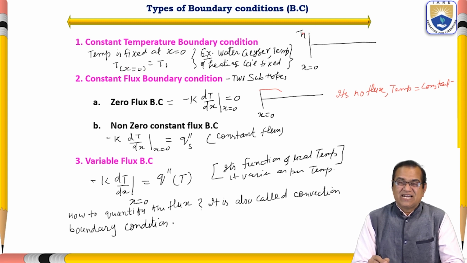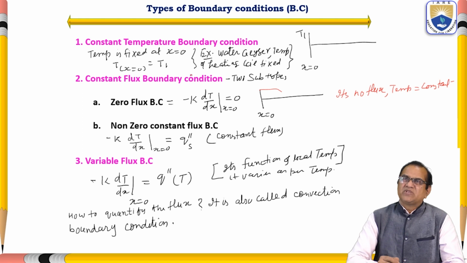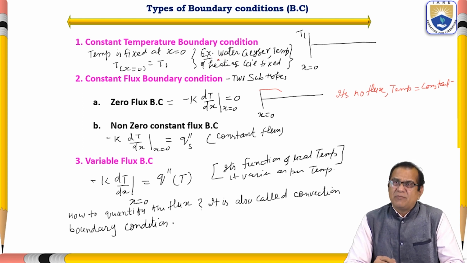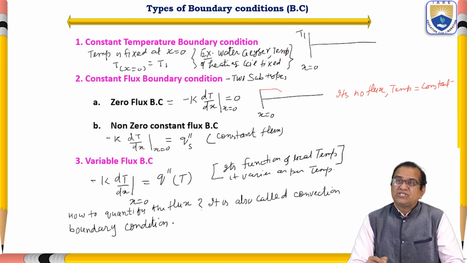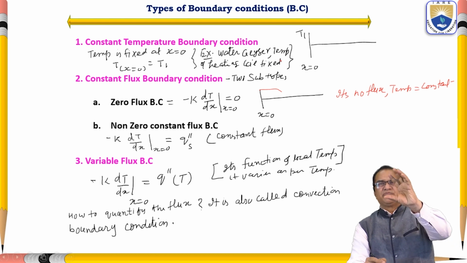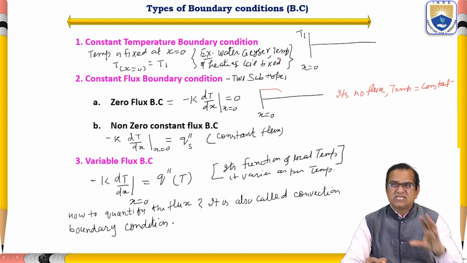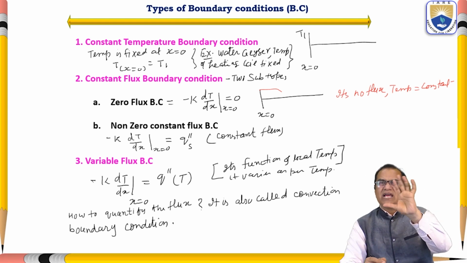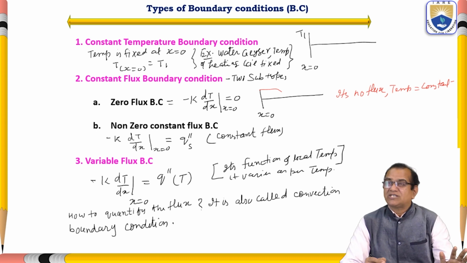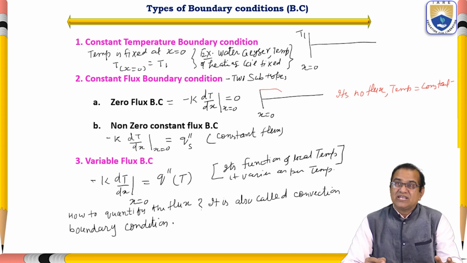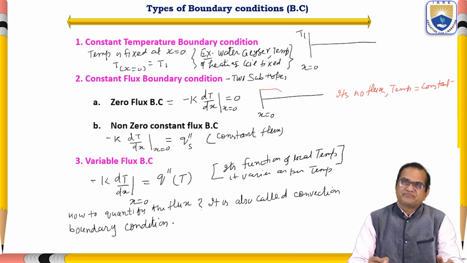We can give the example of a water geyser whose temperature is constant and whose heating coil is fixed. Suppose it is 500 watt; if you switch it on, it will give a proportionate temperature. It will not vary. So conditions like these are constant temperature boundary conditions.